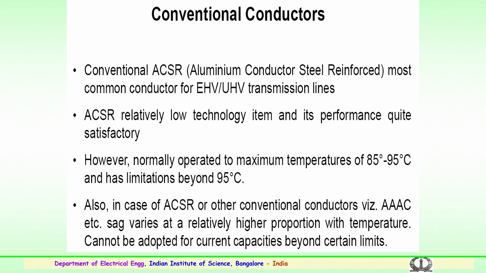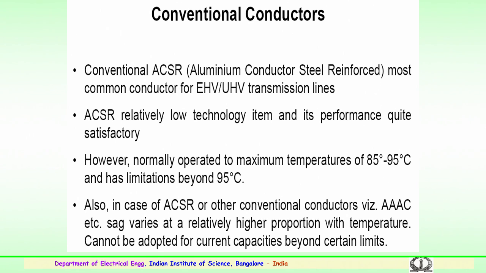If operated beyond that, the sag increases, and in the case of ACSR or any other conventional conductors, it could be AAAC, all aluminum alloy conductors, the sag varies at a relatively higher proportion with temperature. So, in case the temperature exceeds 95, the sag increases at a higher proportion. So, this type of conductor cannot be adopted for operation above 90 degrees.